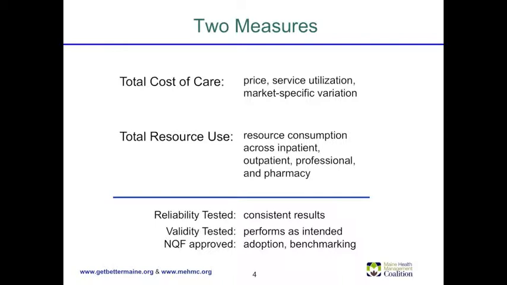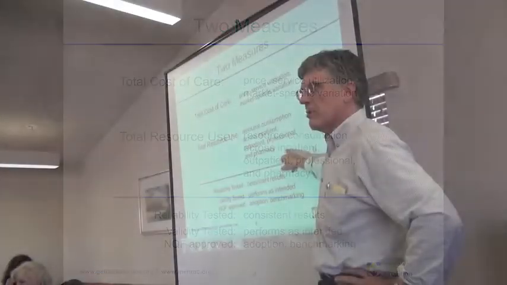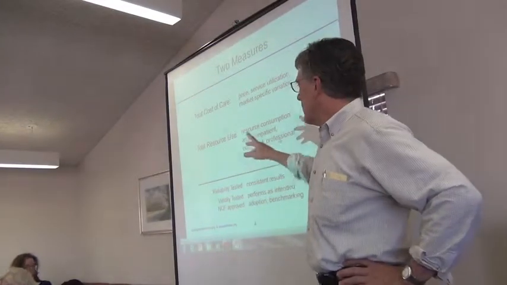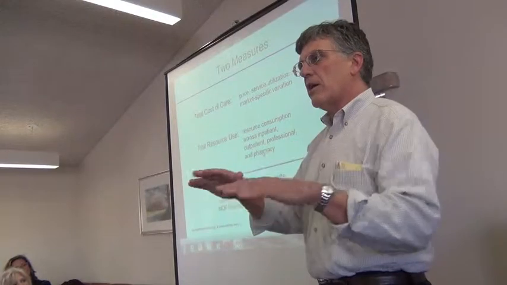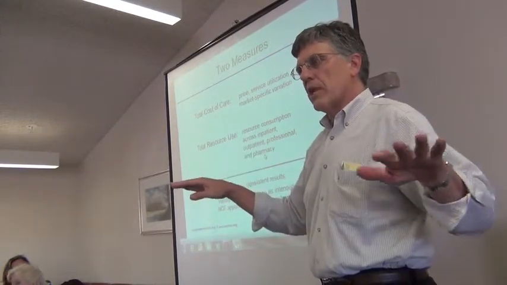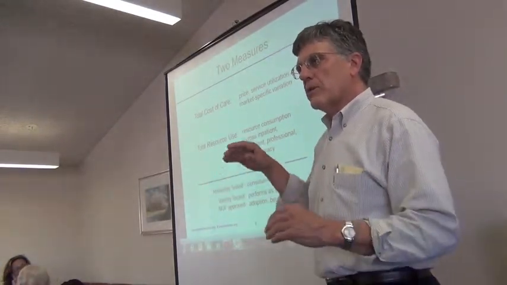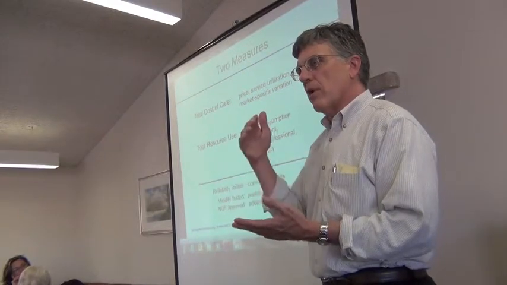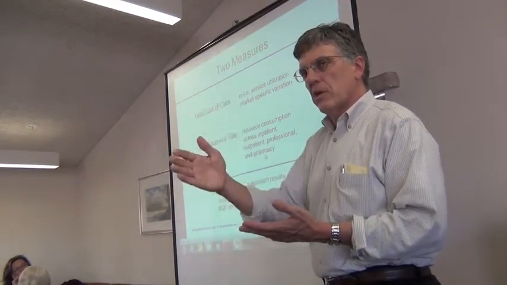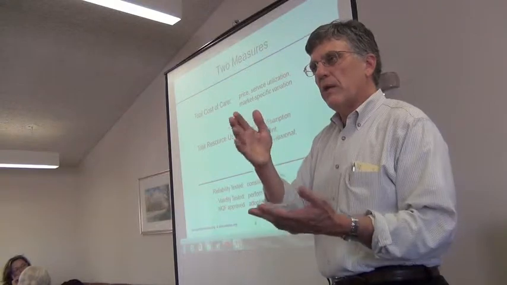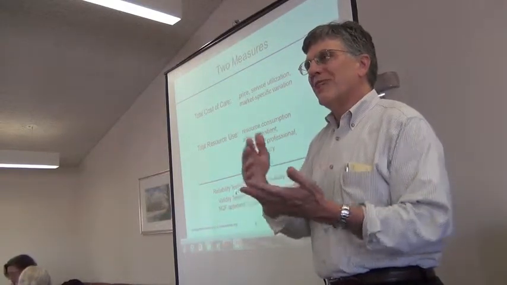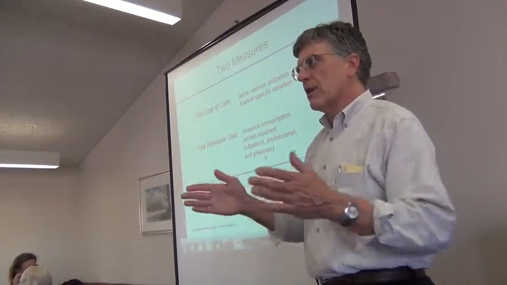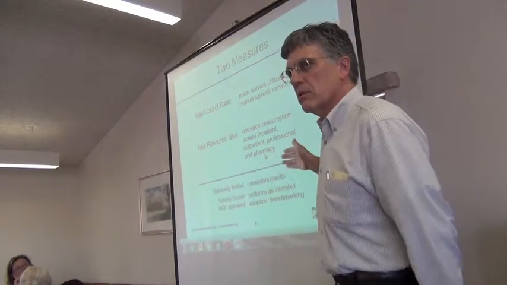And then there's a companion resource use measure, which measures resource consumption across different areas: inpatient, outpatient, professional, and pharmacy, and puts them all together on a linear scale. And so it basically does weighting across RVUs, DRGs, and so forth, weighting them all appropriately in relation to one another so you can get an overall measure of resource use.